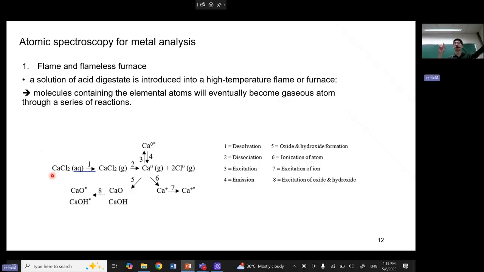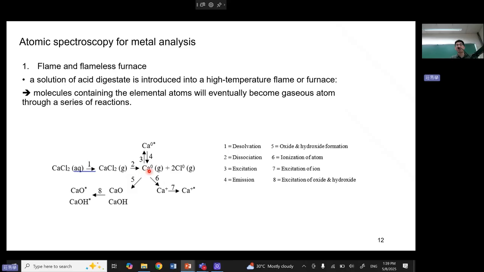Originally in a solution, let's say you have calcium ion, and remember whenever you have a positive charge ion, you always have a counter ion. In this example, the counter ion is chloride. So together, you have calcium chloride in aqueous phase, and when the droplets go into a flame, it becomes gaseous phase calcium chloride, and then the reaction proceeds.